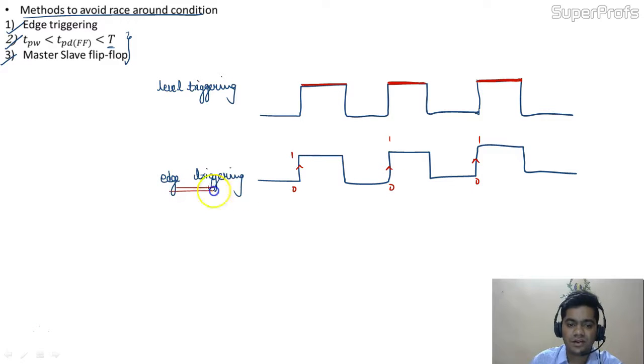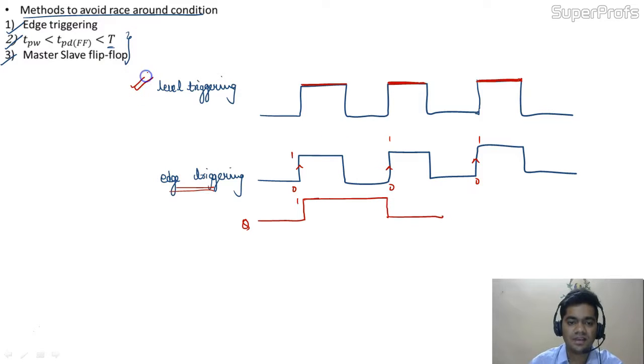Suppose this is Q, and at this point Q equals 0, this would change to Q equals 1 for the J and K equals 1 condition. Now it would remain at 1 for the rest of the clock pulse, and this would again change from 1 to 0 at the next positive edge.